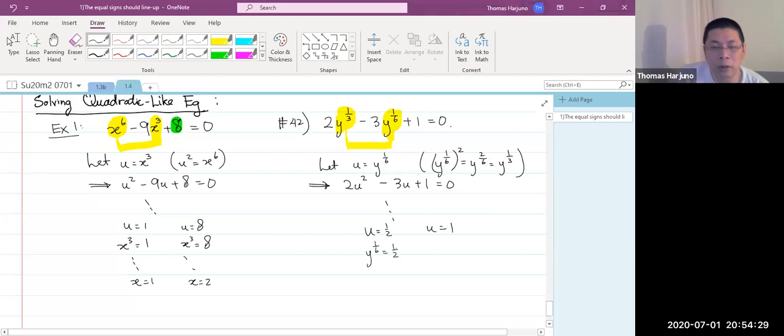Now remember, the power of 1/6 is the 6th root, right? To cancel that 6th root, I take both sides to the power of 6. So I get y equals 1/64. While here, I get y equals 1.